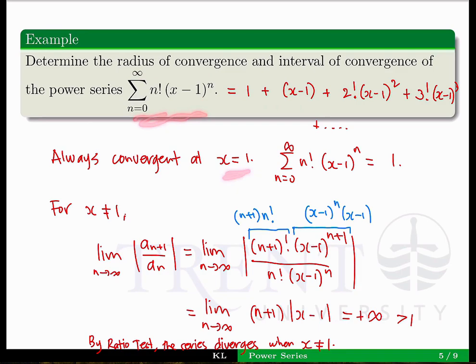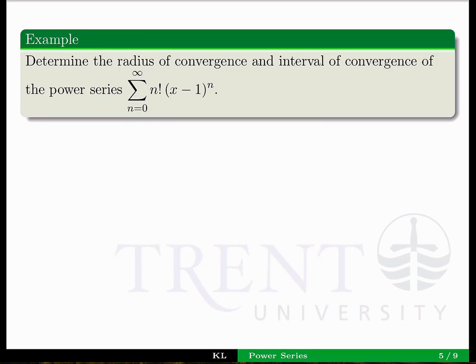So the radius of convergence, just to finish, r is equal to 0, and we call this the radius. The interval of convergence is just 1. IOC, interval of convergence.